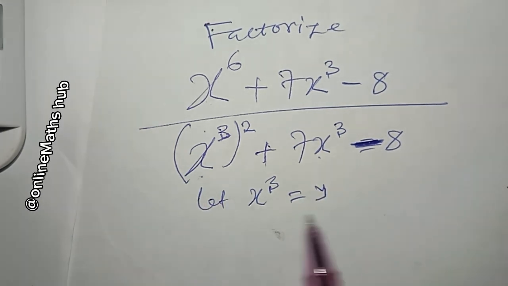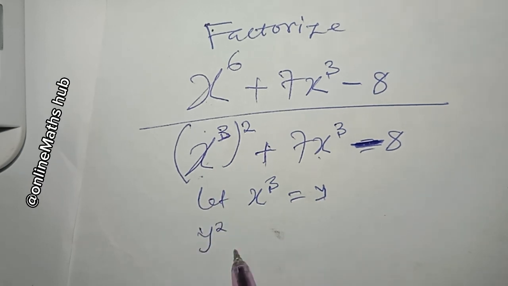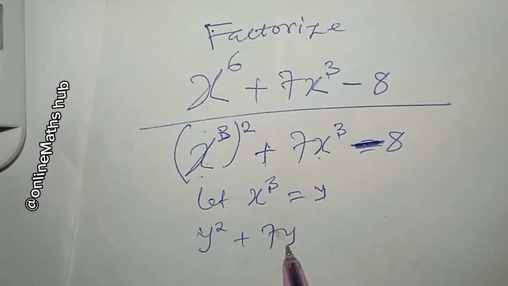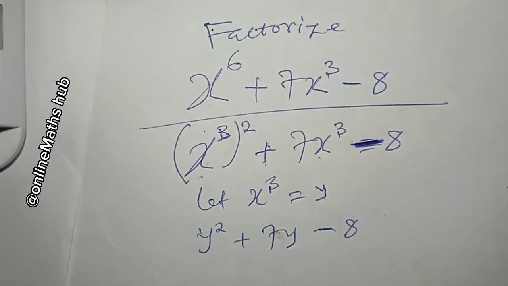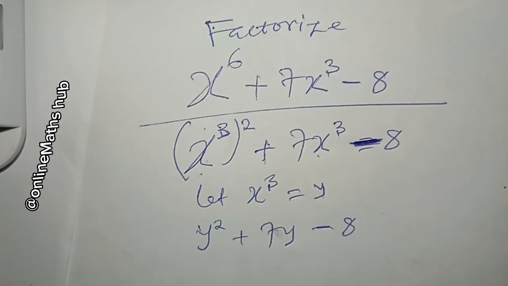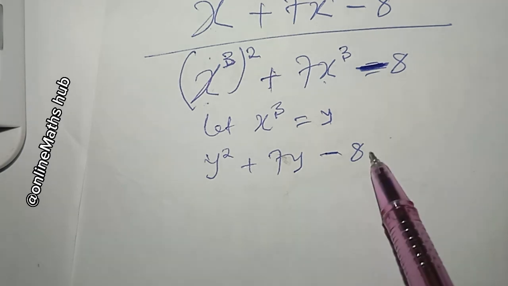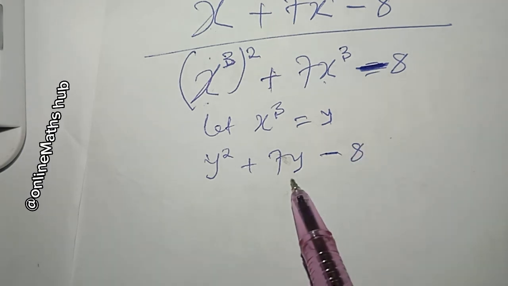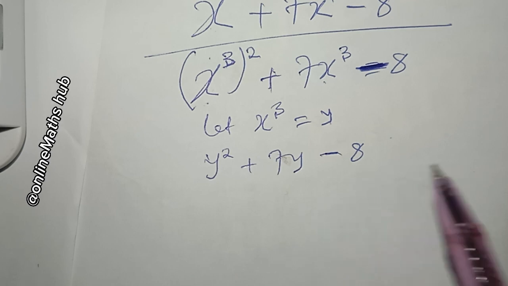That becomes y squared plus 7y minus 8. Next, you can see that this is a typical quadratic equation, and of course it's factorizable, and the factors are 8 and minus 1.